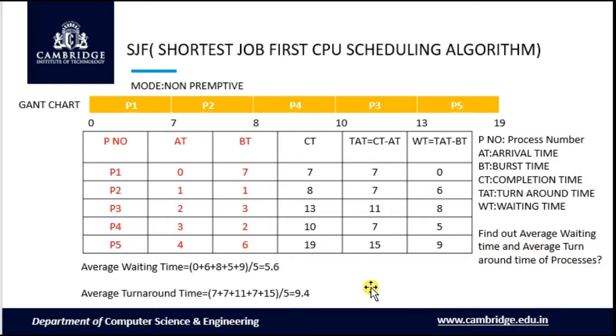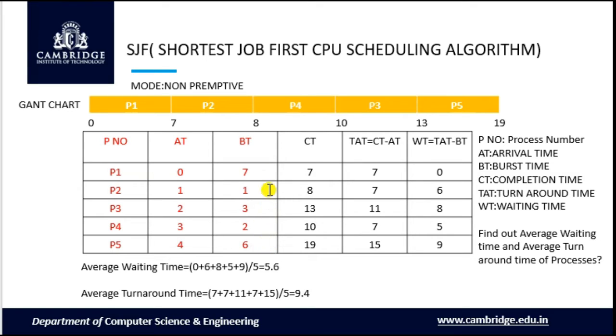Looking at the burst times, 7 is the highest burst time, that of P1, compared to the other processes.